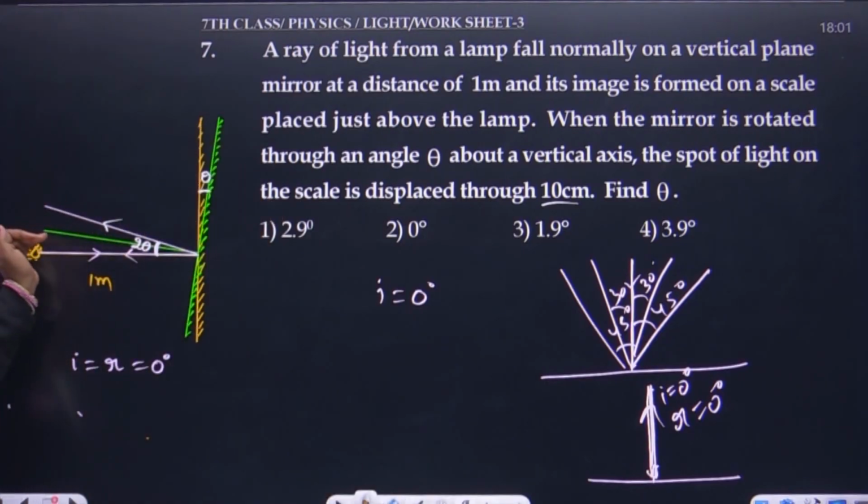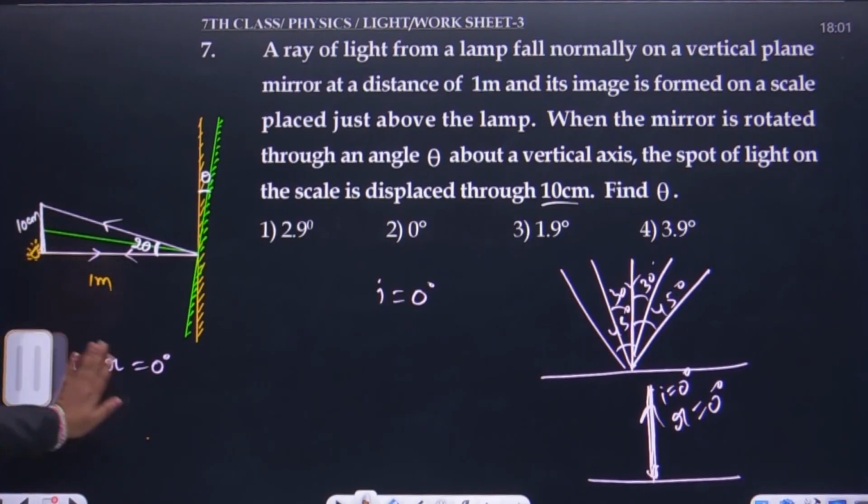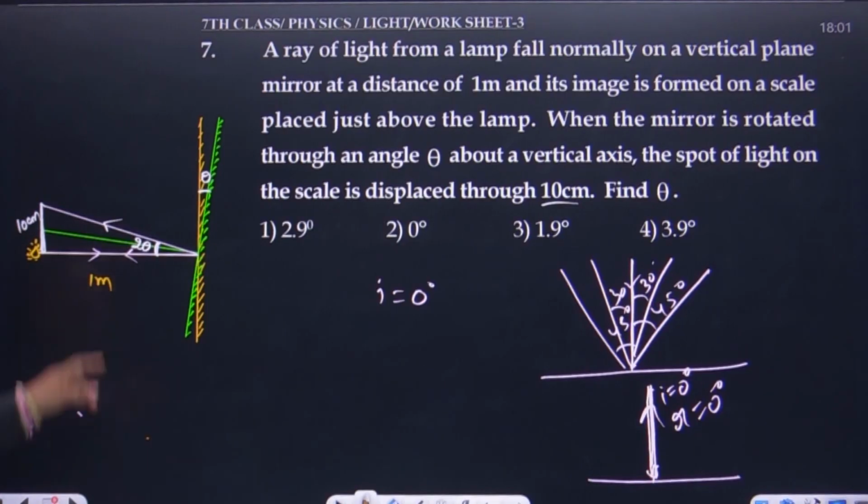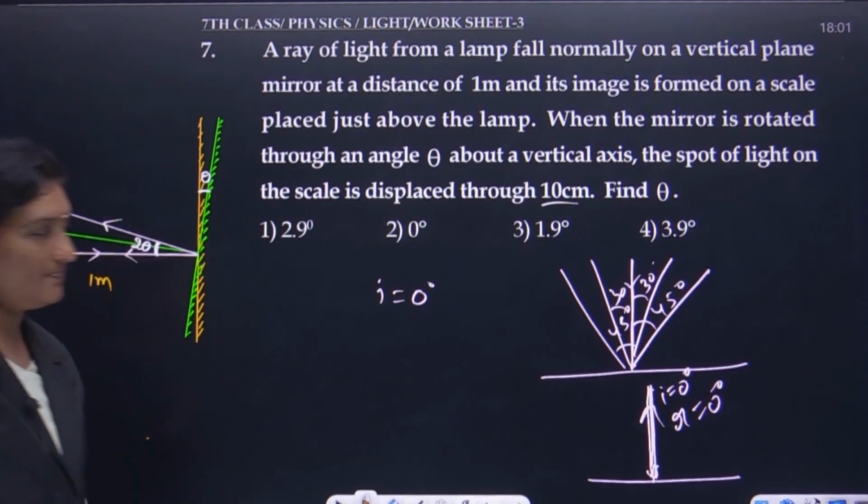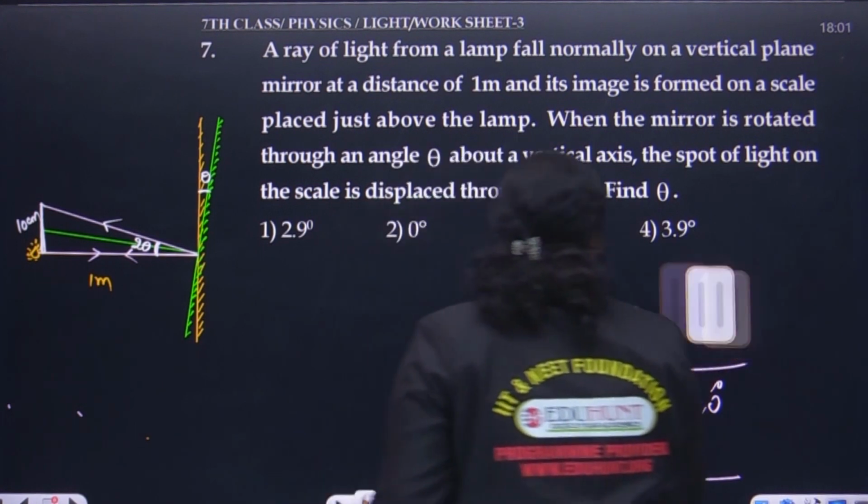Earlier the spot of light was here, now the spot of light is displaced by 10 centimeters. This distance is given as 10 centimeters. Up to that it is clear, children. So, this is the given data. You are asked to find the value of theta. If the question is clear, I will extend the part.